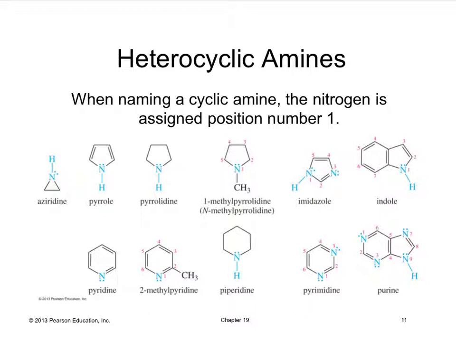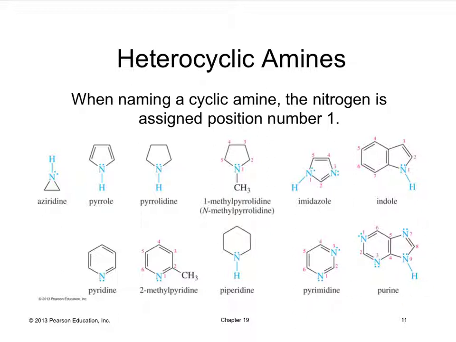Pyridine, if you have a substituent, you want the substituent to be on the lowest carbon number around the ring, so this is 2-methylpyridine. Again, the numbering is from 1 around. Pyrimidine, you have two nitrogens, so any one would be 1, and then it goes 1, 2, 3 and around the ring.